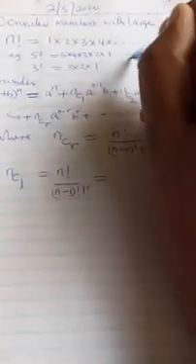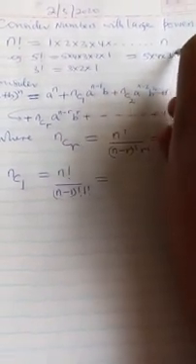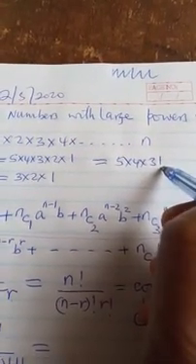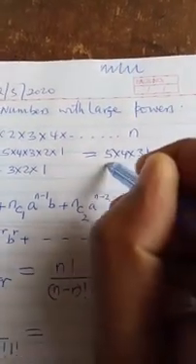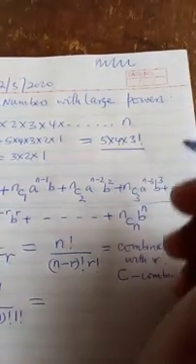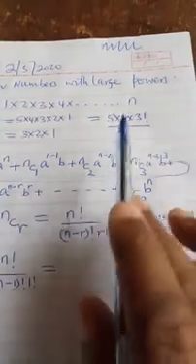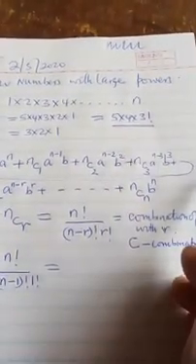If I was reducing it up to 3, I would say 5 times 4 times 3 factorial. If I stop at 3, I put a factorial there, and if I put a factorial there, I am forced to divide.